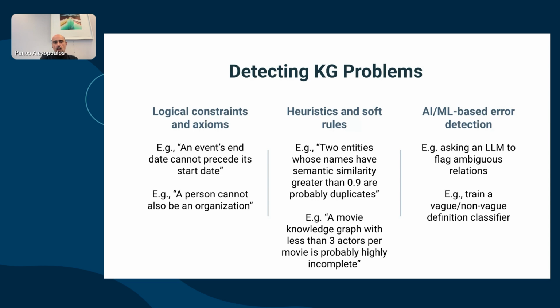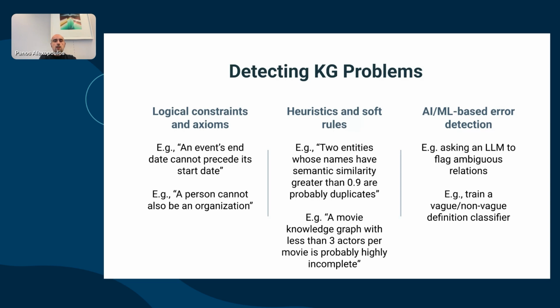Now, these logical constraints and axioms can really be useful, but usually they are not enough, because not all types of issues can be logically expressed and prevented. For that, we need to move to things like heuristics and soft rules. Heuristics and soft rules are rules which, if they are violated, don't always mean that there is a problem, but that there is a high chance that there is a problem.